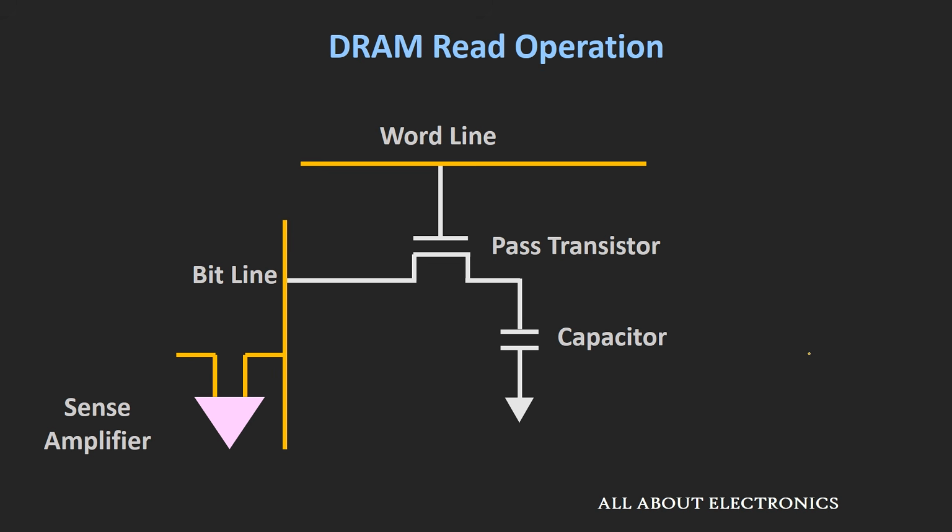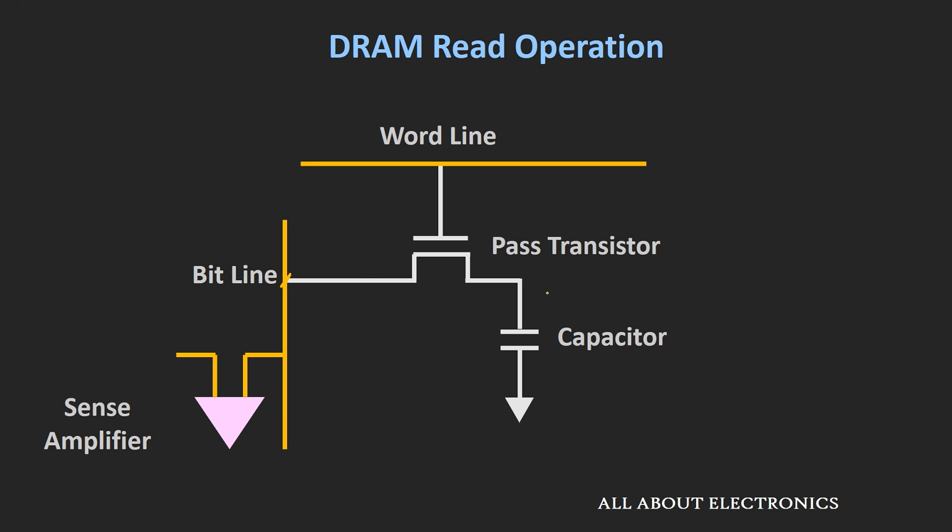Like I said, to read the data of this DRAM, first of all, we need to turn on the pass transistor, and that can be done by applying voltage to the word line. Once the voltage is applied to the word line, the charge across the capacitor will be available at the bit line. Using the sense amplifier, we can read the voltage available at the bit line.